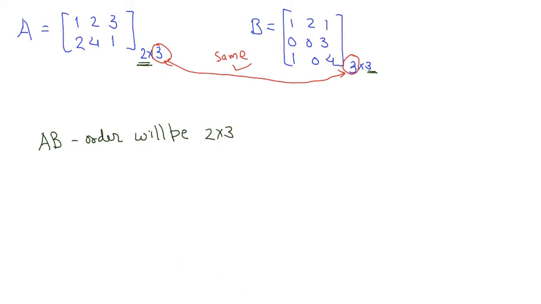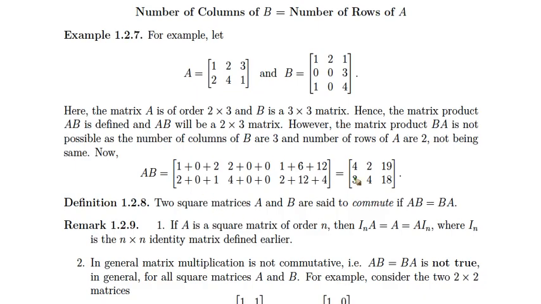The order of A is 2 cross 3, the order of B is 3 cross 3. If you want to multiply A with B, the number of columns of A must be the same as the number of rows of B. Then the resultant matrix AB will be of order 2 cross 3.